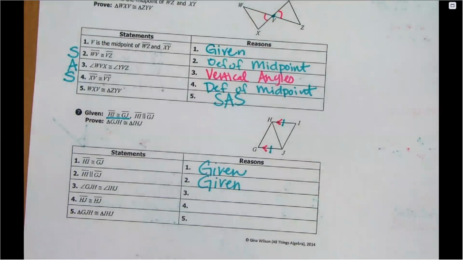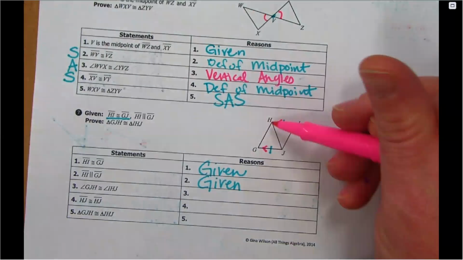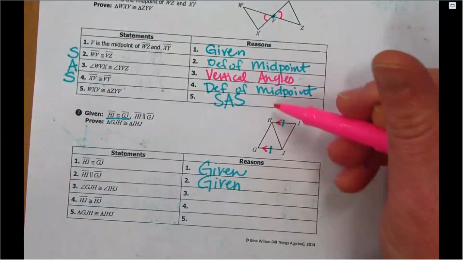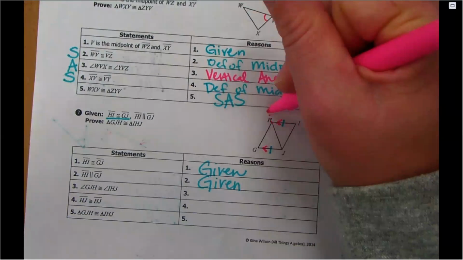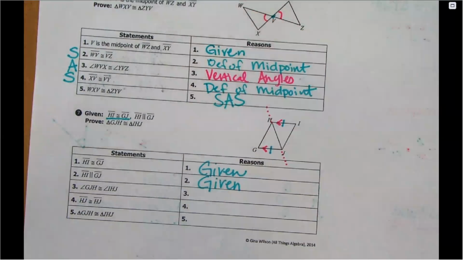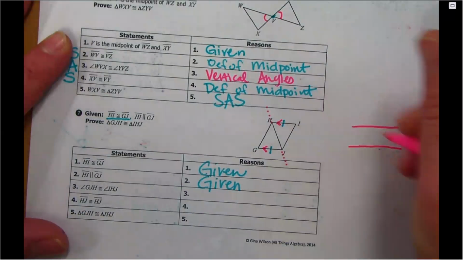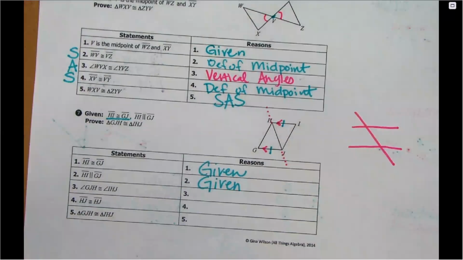Now, what you can see or what you can know is that this diagonal right here is cutting those parallel lines. Even though we don't see it extended, it is cutting those parallel lines. And what do we call something that cuts the parallel lines? A transversal. So we're dealing with just our typical parallel lines and a transversal, but we got to figure out what we're actually talking about.